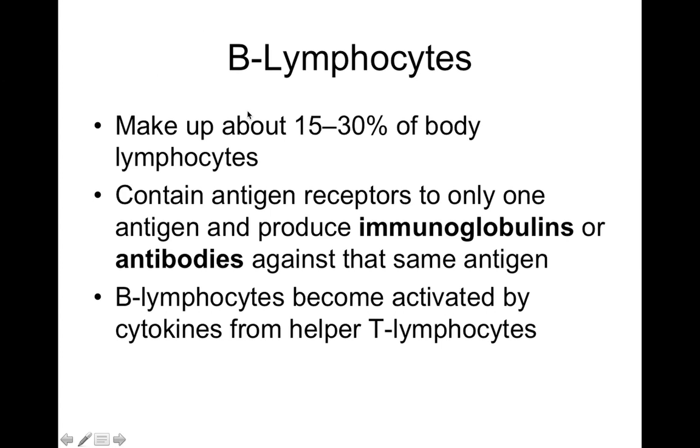Now, the B lymphocytes, like the T lymphocytes, are part of your specific or adaptive immune response. So they only respond to one type of antigen. What this means, you guys, is that like the T cells, they only respond to one type of antigen. If you've ever been exposed to influenza virus or chickenpox virus, or had rhinovirus, which is the seasonal cold, then you're going to have B cells and T cells that respond to antigens specific to those microorganisms.